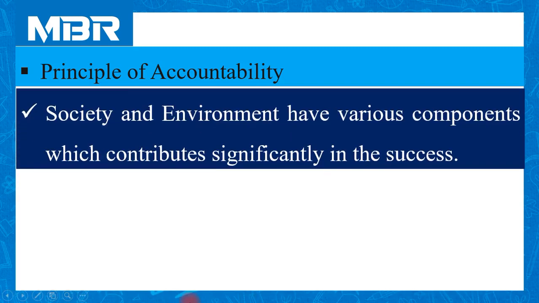So, the second principle is all about consideration of the importance of all other stakeholders, because society and environment have various components like employees, shareholders, suppliers, government, nature, investors. They contribute significantly to the success.